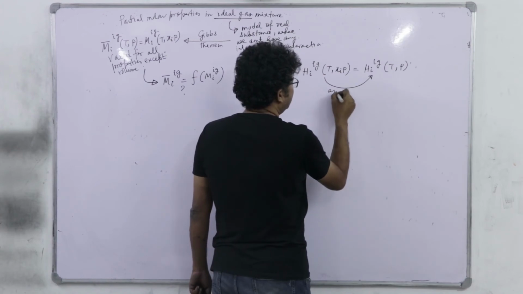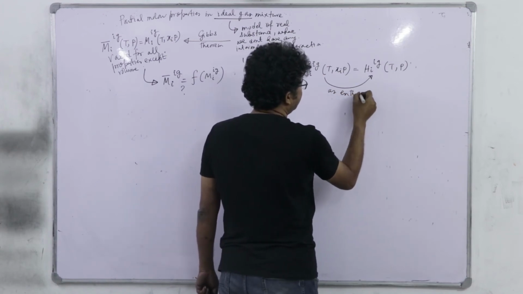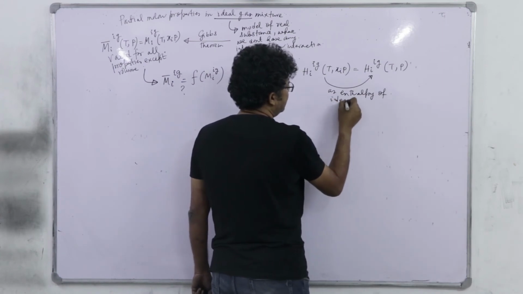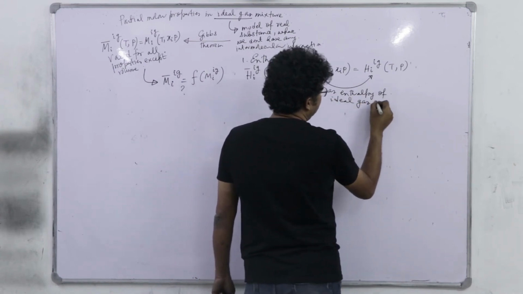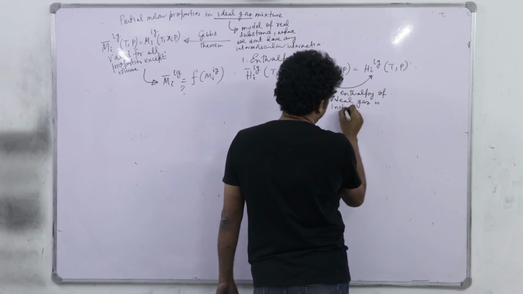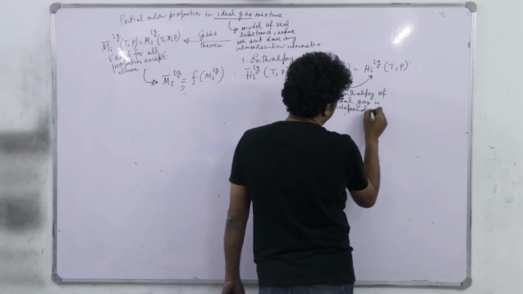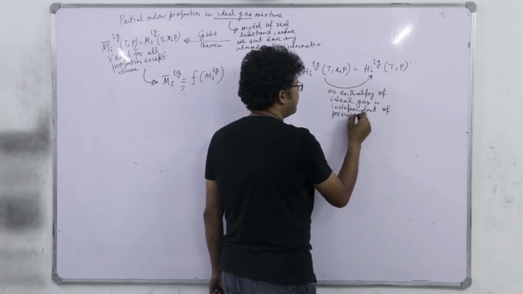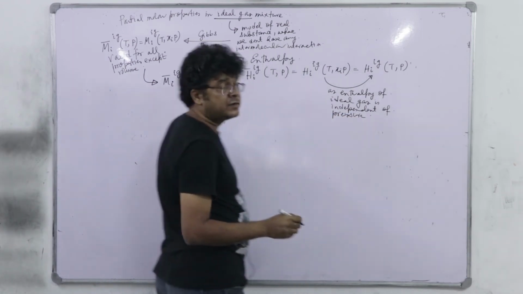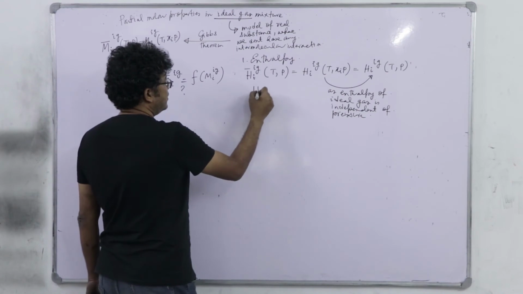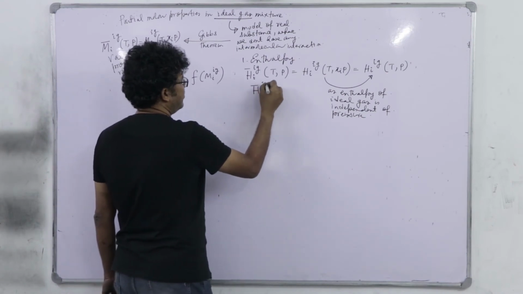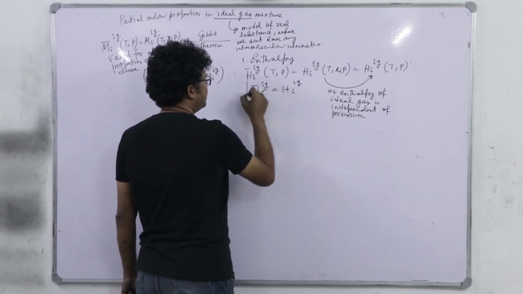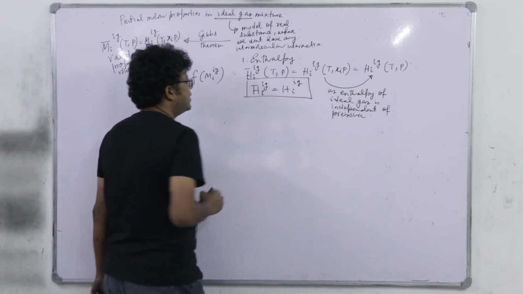As enthalpy of ideal gas is independent of pressure, right? So, our final form will be Hi bar Ig at any temperature and pressure, it is equal to Hi Ig, right?